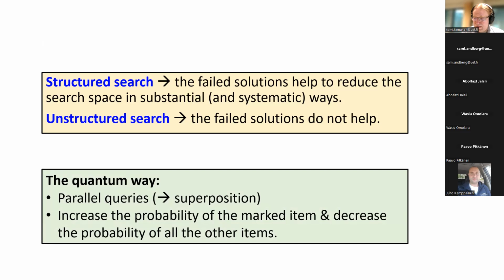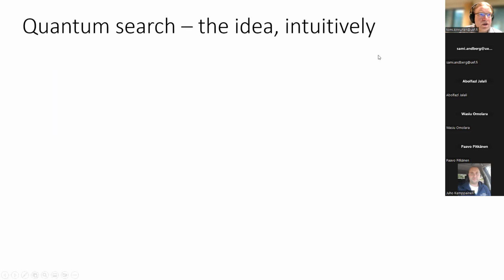That sounds very intuitive, I hope. You start with no idea where the item is located, but then you fiddle around with the probability amplitudes, trying to increase the probability of the item you are searching for and reducing the rest. Let's see if we can get some intuition for how this works.